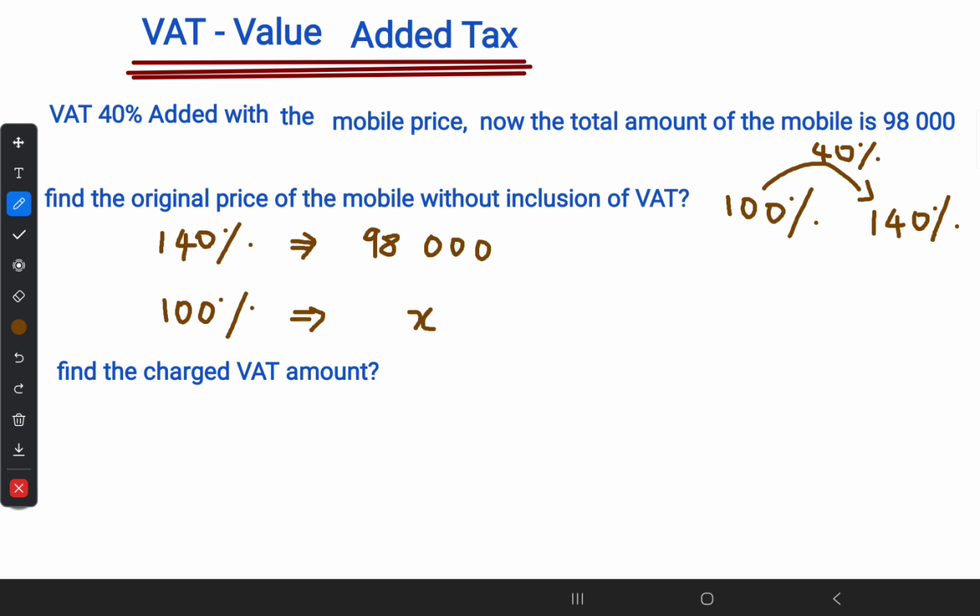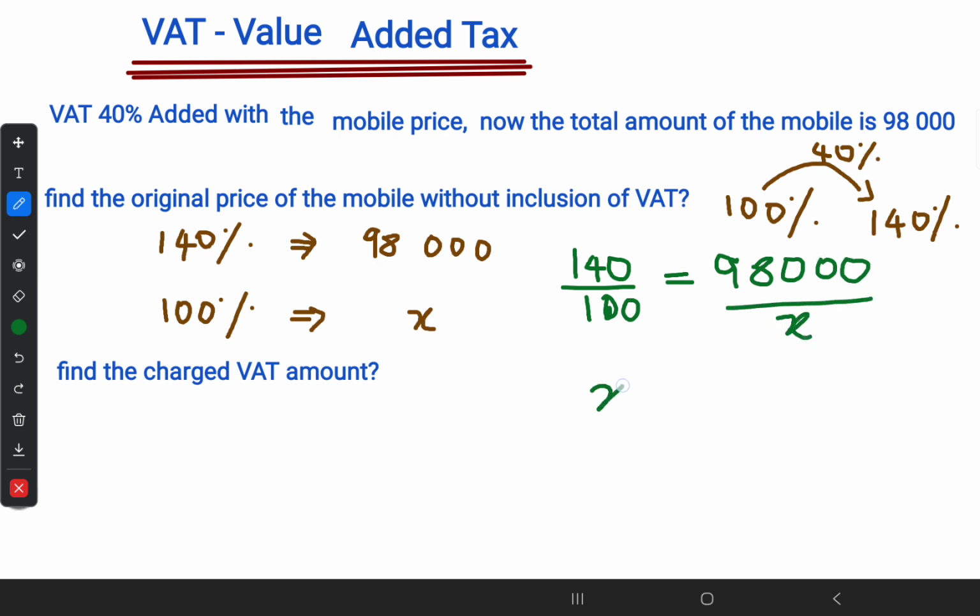So the simplification would be, let's divide 140 by 100 and 98,000 should be divided by x. You have to make x the subject in this equation. I'll pick x here. So 98,000 remains the same, the divide and 100 will become a multiplication.